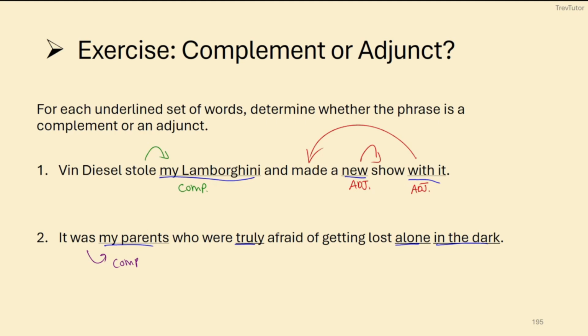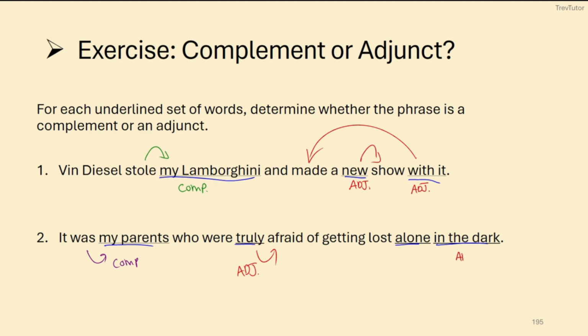Okay, truly afraid. So this is just modifying afraid. How afraid was it? Well, truly afraid. So this is just going to be an adjunct. You could say who were really, truly afraid or truly, really afraid. Really would be another adjunct, and you can swap those around. Getting lost alone in the dark. So getting lost alone here in the dark, getting lost alone in the dark here.